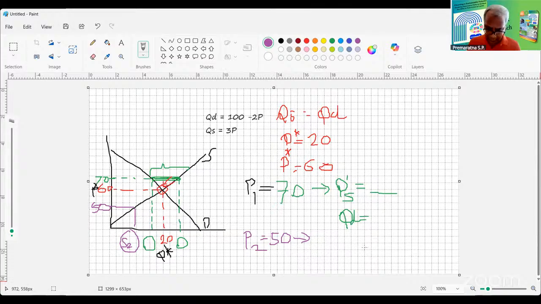And demand, if the price is low, it gets high demand, the demand increases.